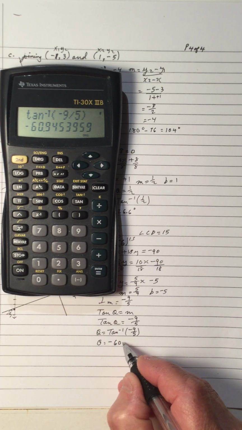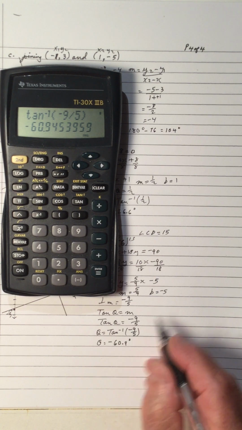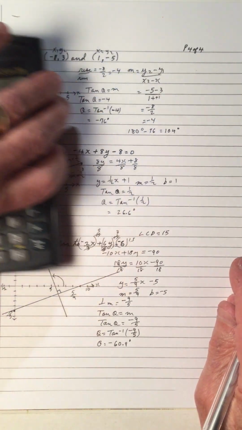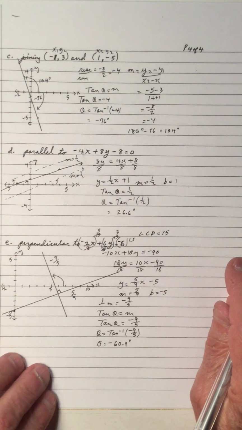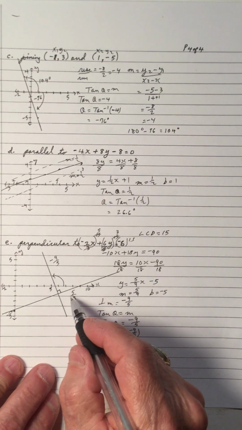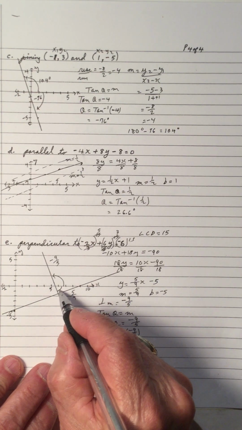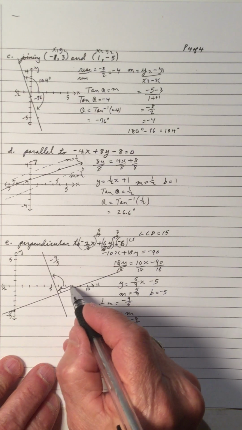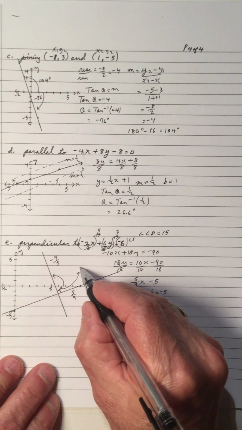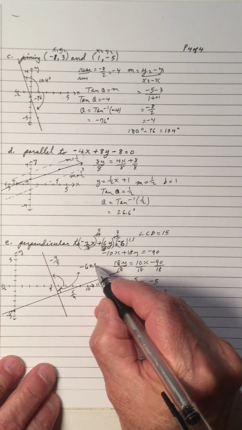It's 60.9 degrees. So 60.9 is this angle right here. So this angle right here is a negative 60.9.